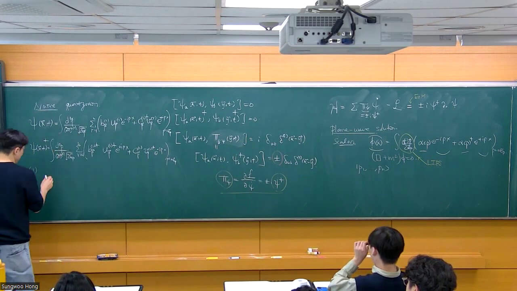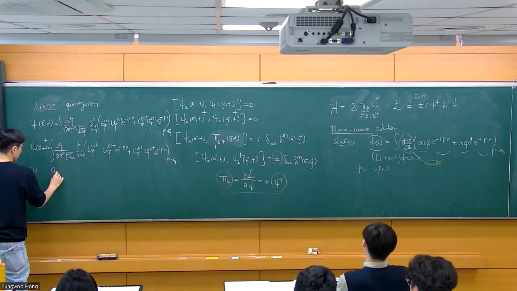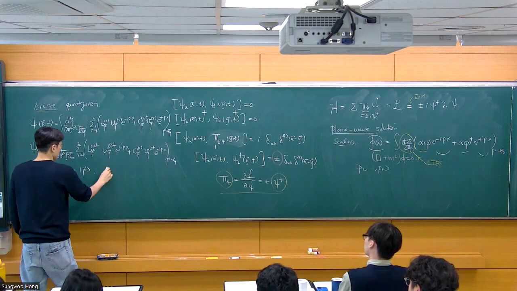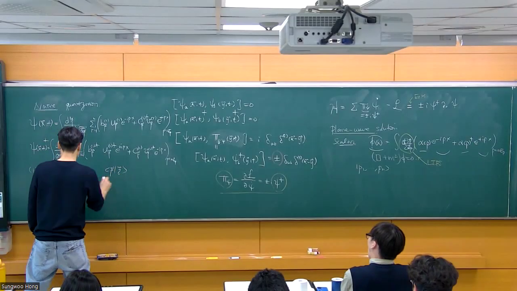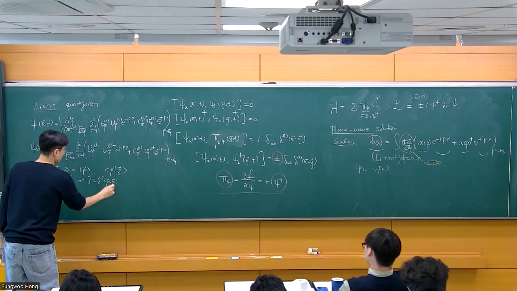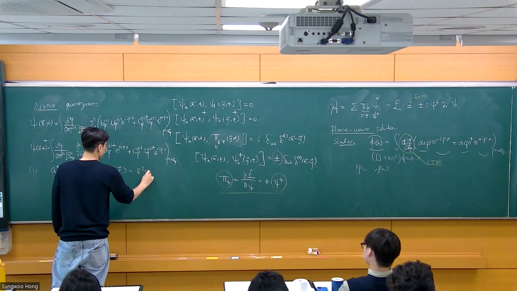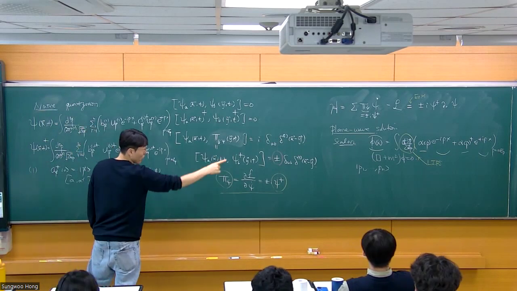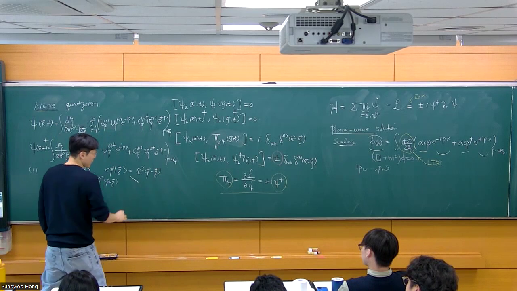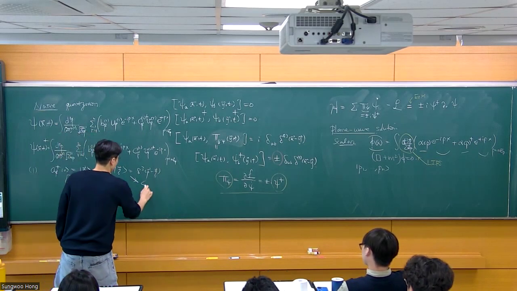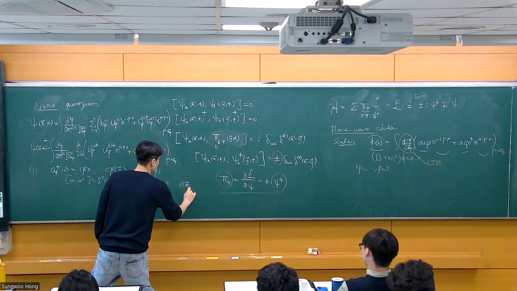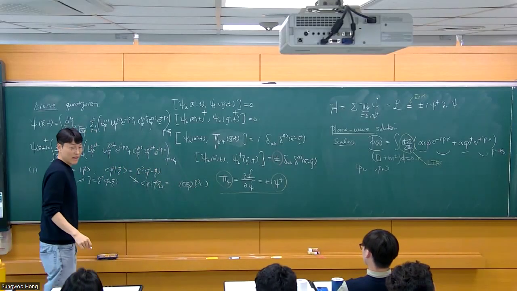For instance, if I pick the creation operator A_p acting on the vacuum as my single particle state, you can check that A dagger satisfies just delta function normalization, and this thing also is just normalized as this. Because the Lorentz invariant measure has a 2E factor, this is not a Lorentz invariant delta function. In fact, if you want a Lorentz invariant normalization, that thing is actually 2E times delta. I'm just reminding you all of that, okay?